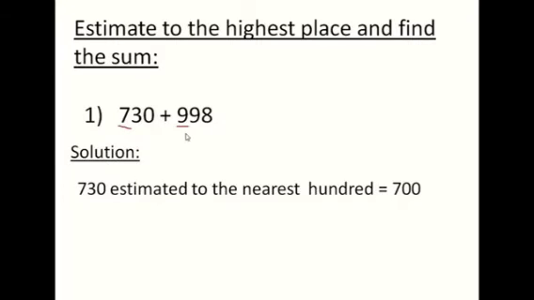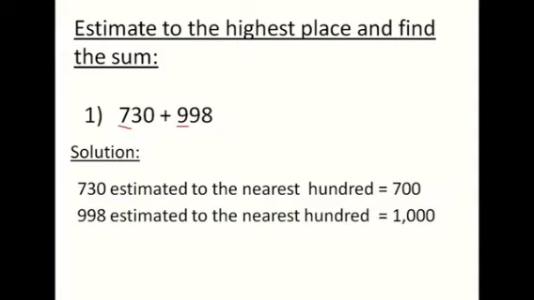The same way you will write for 998 estimated to the nearest 100, because both the numbers are 3-digit numbers. So the highest place is 100 only. So 998 estimated to the nearest 100 place is 9 plus 1, 10, and this 9 and 8 will be replaced by 0. So it will become 1000.